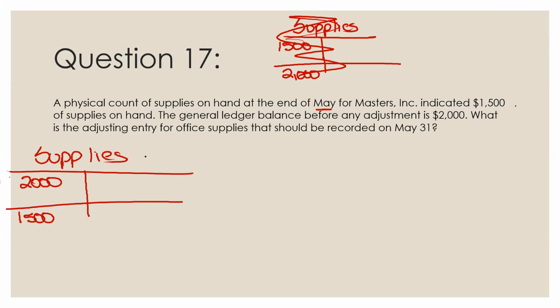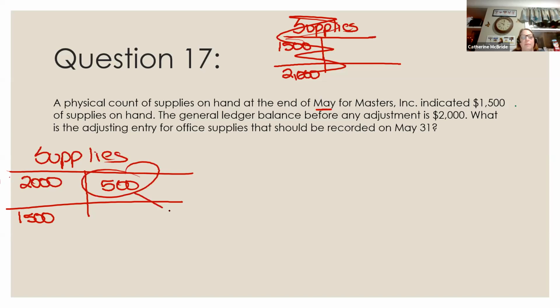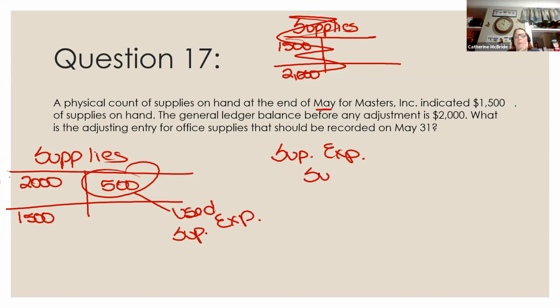You use supplies. I used $500 worth of supplies. So this is going to be my supplies expense. My adjusting entry is going to be supplies expense and a reduction of my supplies account by $500. Are we good there? Yes.